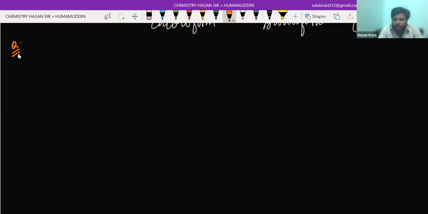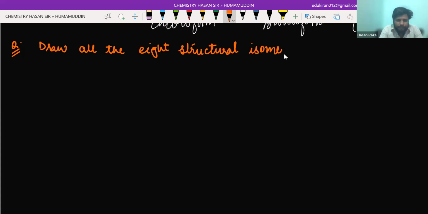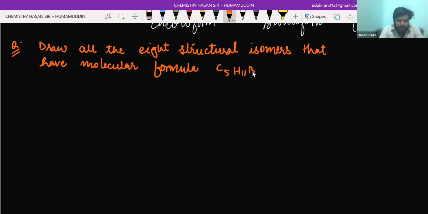I'm going to give you a question from NCERT. That is, draw all the eight structural isomers that have molecular formula C5H11Br.